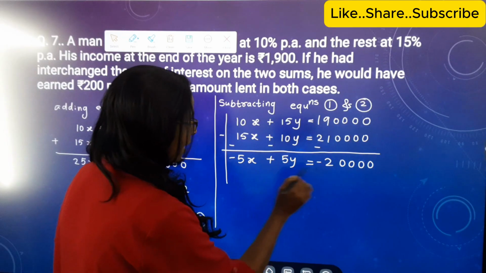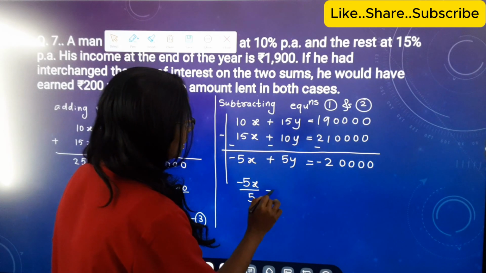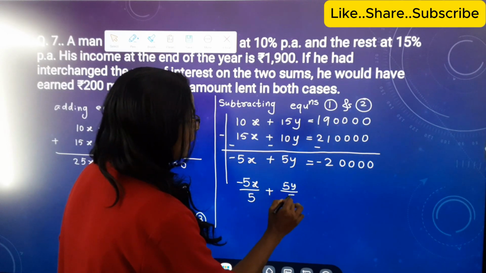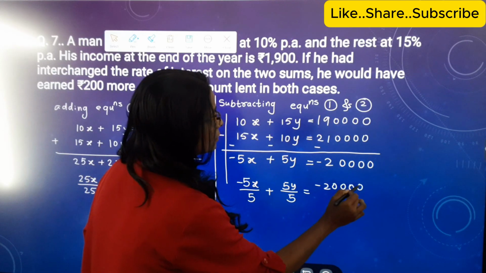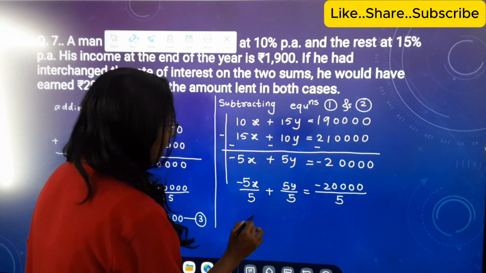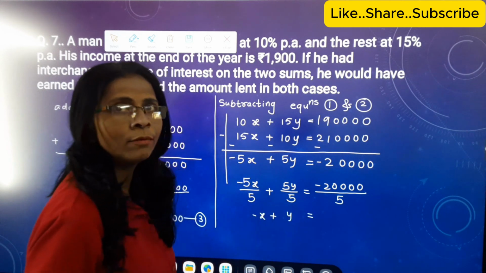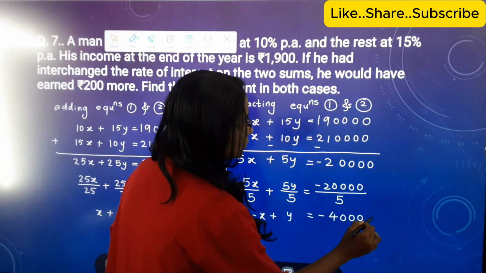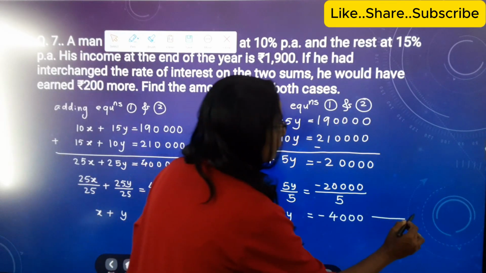Now dividing both sides by 5: minus 5x upon 5, plus 5y upon 5 is equal to minus 20,000 divided by 5. Then minus x plus y is equal to minus 4,000. Okay, students? Then call it the fourth equation.